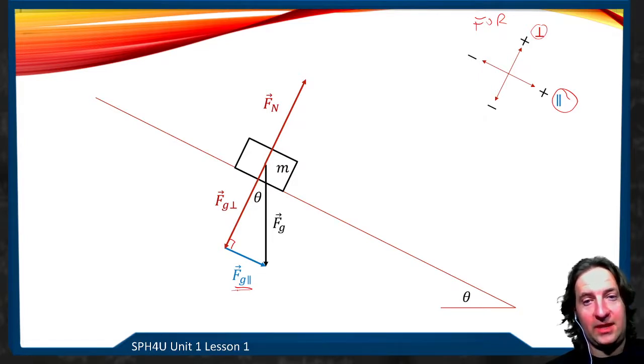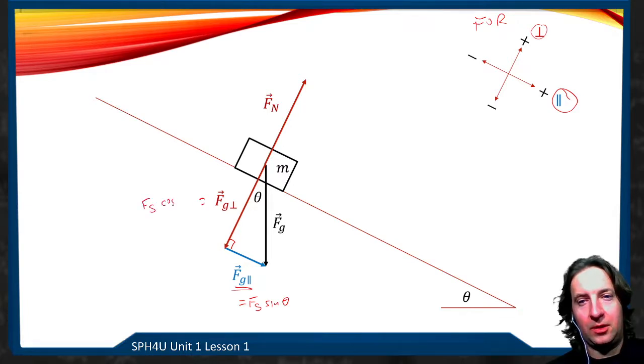So we could say that this Fg parallel is going to be what? Fg, what's that? That's opposite, so that's sine theta. And this one will be Fg cosine of theta, right? Because this is adjacent and this is opposite.